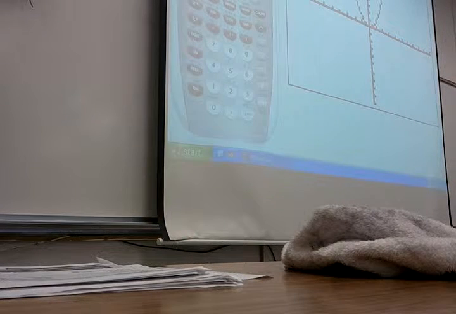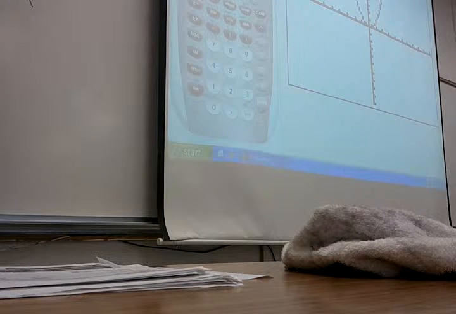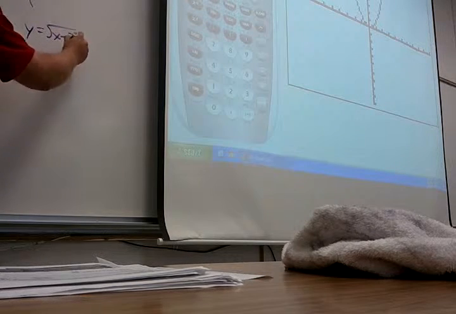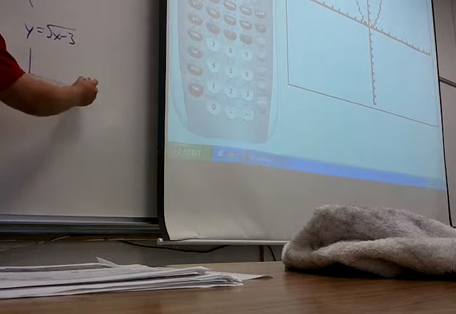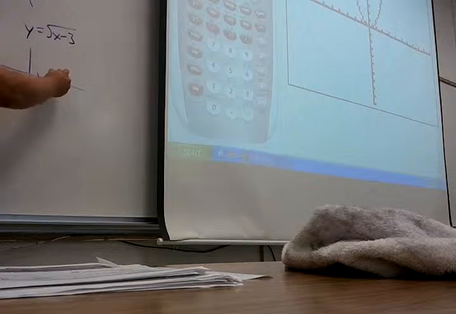That's why the domain moves back 1. Everything can be 1 lower than it used to be. If I had minus something, then everything's got to adjust for that. They all got to be bigger than they had to be before, because I'm subtracting something from the radical. If I had x minus 3, the lowest x I can plug in would be 3. So that's why it moves up 3.